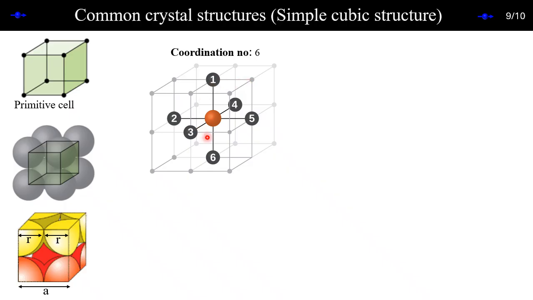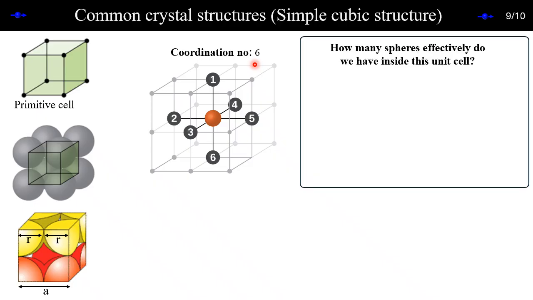This is the center of this block. This side, this side, this side, this side, one top, one below. So here, up, down, meaning plus x, minus x, plus y, minus y, plus z, minus z. So this is called a coordination number of 6. Okay, let's see what's coming next.